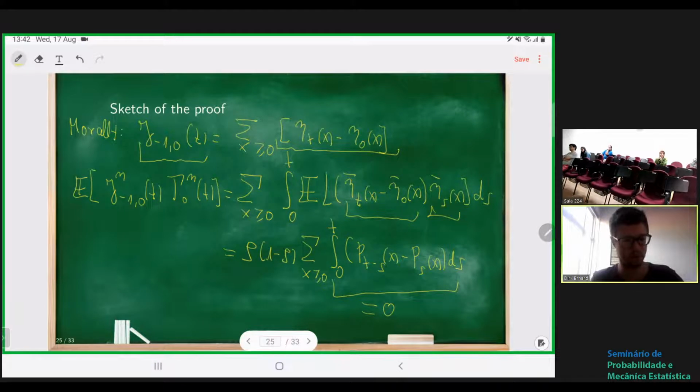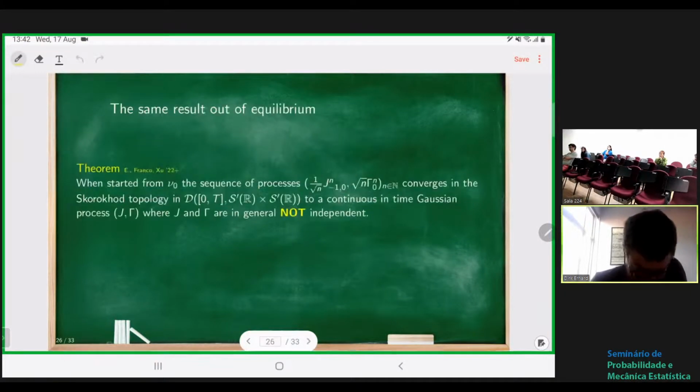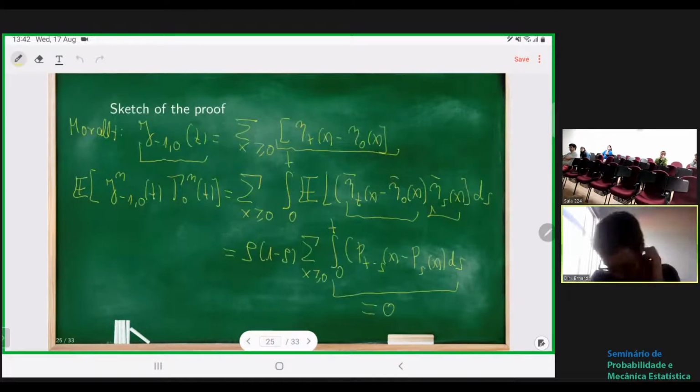So, contrary to at least our intuition, these two objects are independent in the limit. Yeah? And now, this result was in equilibrium. Now you can ask yourself if this independence is coming from the dynamic itself, or is it some kind of magic identity that happens because you started from equilibrium.